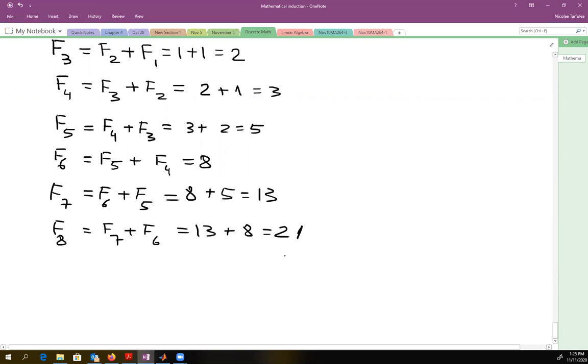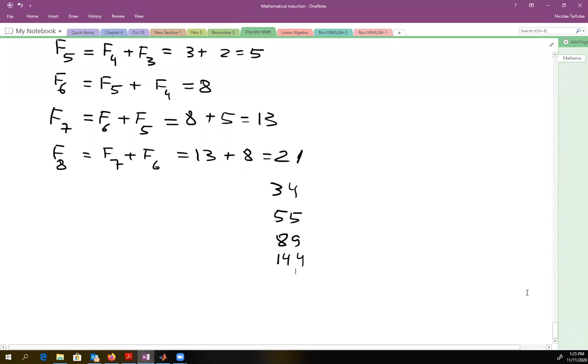The next one is 34. The next one is 55. Then you have 89, 144. The sequence continues like this. Then the next one is 233, 377. You see how fast these numbers grow now. What's here? It's 610, right? And so on. So this sequence goes to infinity, in fact.